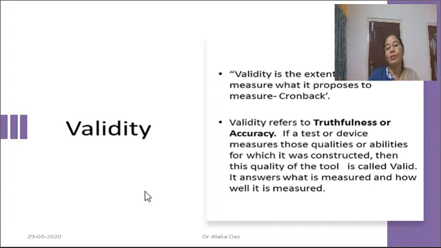If a test or device measures those qualities or abilities for which it was constructed, then this quality of the tool is called valid. Suppose a thermometer measures temperature, a barometer measures pressure of air, a body weight machine measures body weight. Exactly the same attributes, the same targets or purpose, it fulfills the purpose. As you know, in physical measurement it is much easier to be accurate, truthful, or authentic.